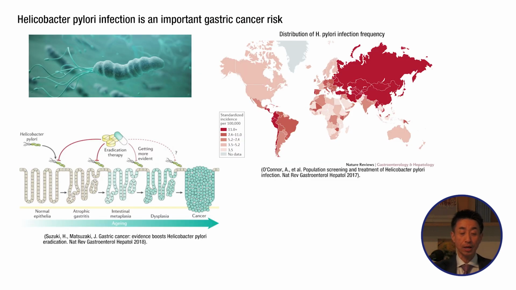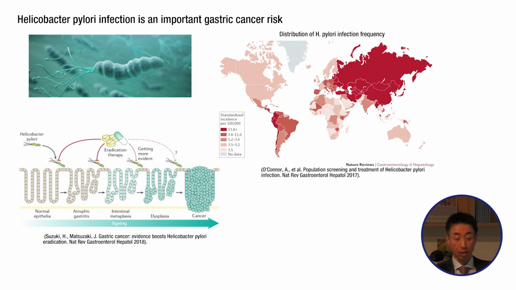As I said, Helicobacter pylori is a very important risk factor of gastric cancer. It's a very tiny bacterium living in the stomach, but it stimulates inflammation in the gastric epithelium. This kind of chronic infection creates precancerous regions, which progress to cancer by several steps.